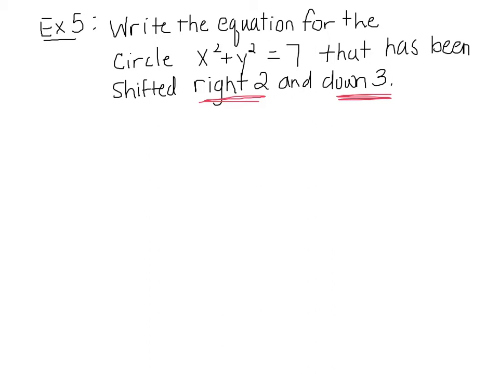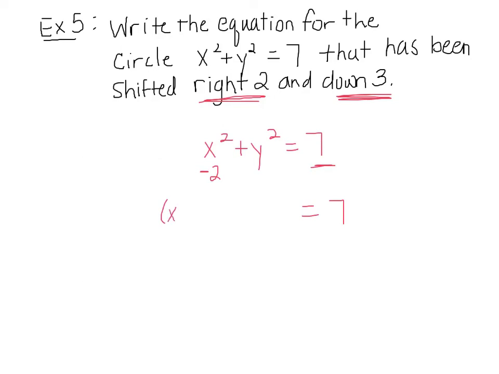So if I have my equation x squared plus y squared equals 7, if I shift it to the right 2 and down 3, it's not going to affect my radius, so my radius is going to stay the same. Okay? But if I go to the right 2, I'm going to be subtracting 2 with my x value.